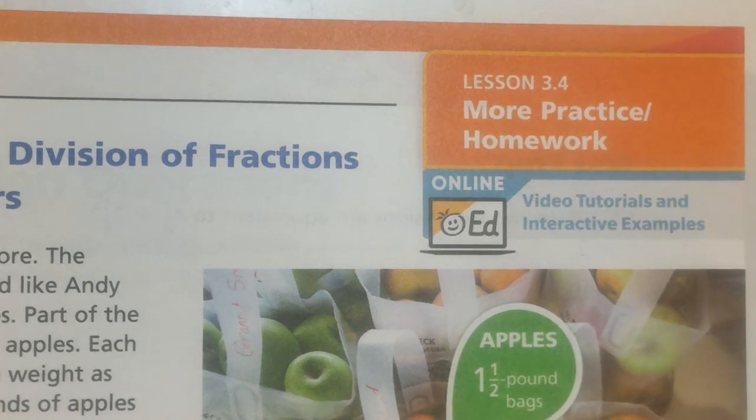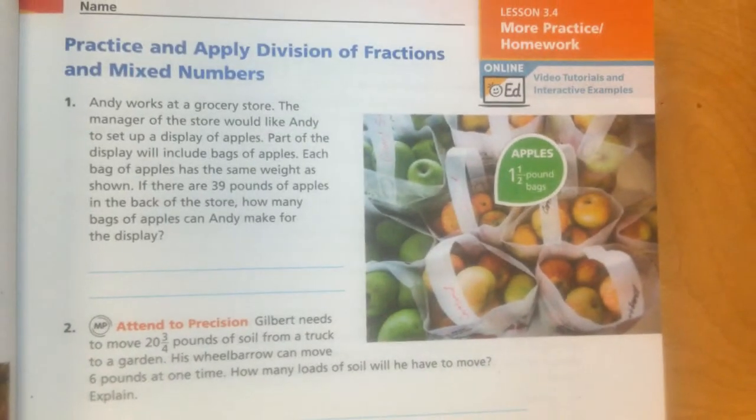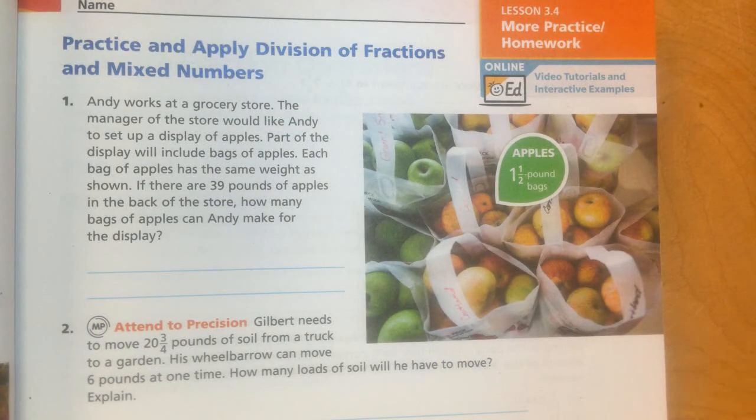This will be your work that you'll complete independently without my help, and it's just a check of how well you were able to understand what we learned in the lesson today. This is the only page that needs to be submitted to me. You only need to show me pages 89 and 90. I'm not going to show you any answers to this. I want you to do it on your own and then provide me with the evidence that you completed it.